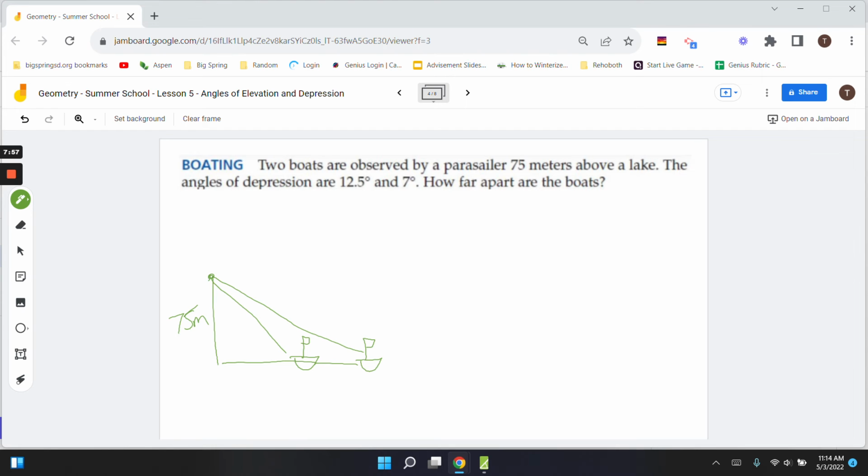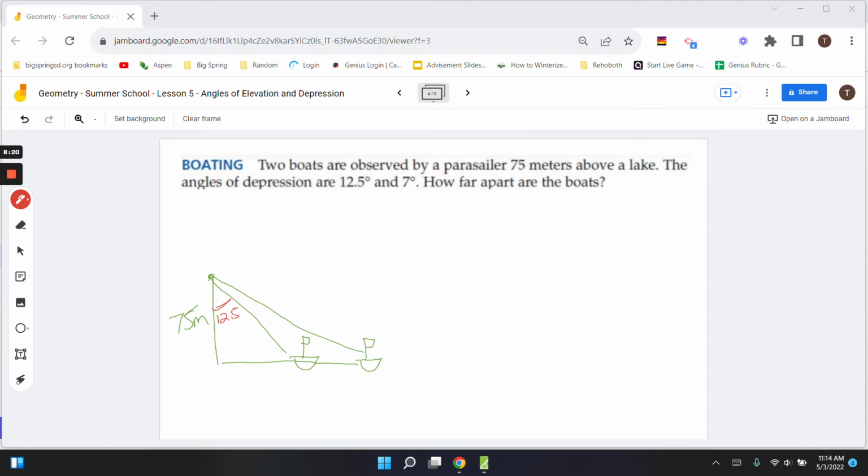And I did that because that's a common mistake, but we need to think about here. Okay, so the bigger one is this 12.5, whereas the smaller angle is going to be the 7 degrees. Now remember, those can also go here and here. So I really have two triangles.